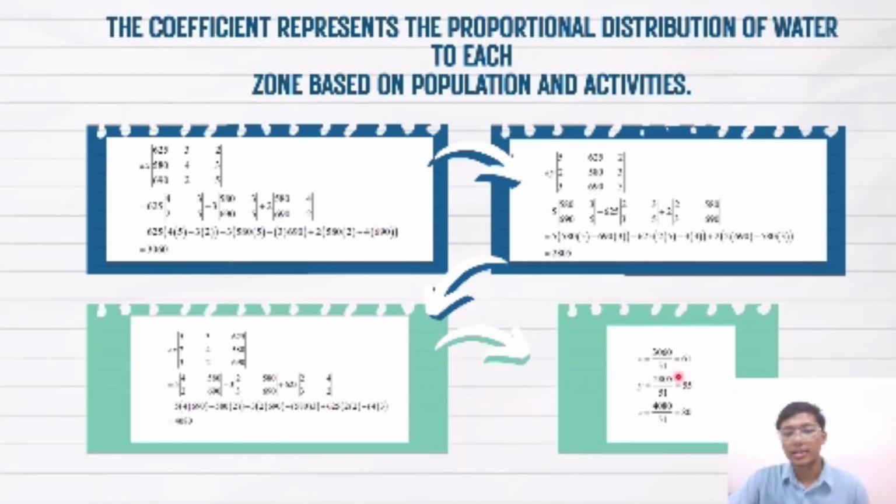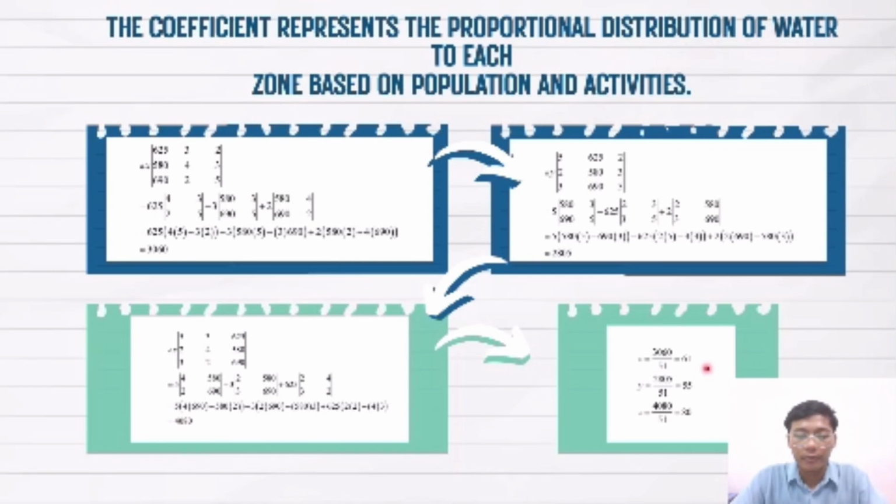So to find the exact value for x, y, and z, we need to divide each determinant with determinant A that Amma already calculate. So for determinant x, we need to divide the determinant x with the determinant A. So 3060 divided by 51 determinant A, and we will get 61.